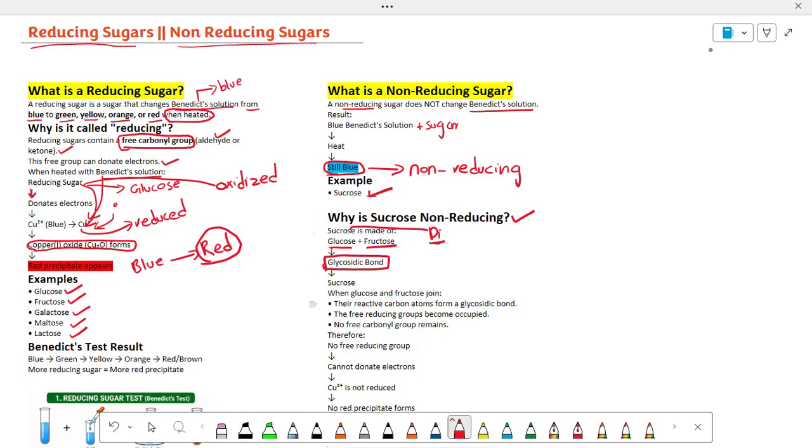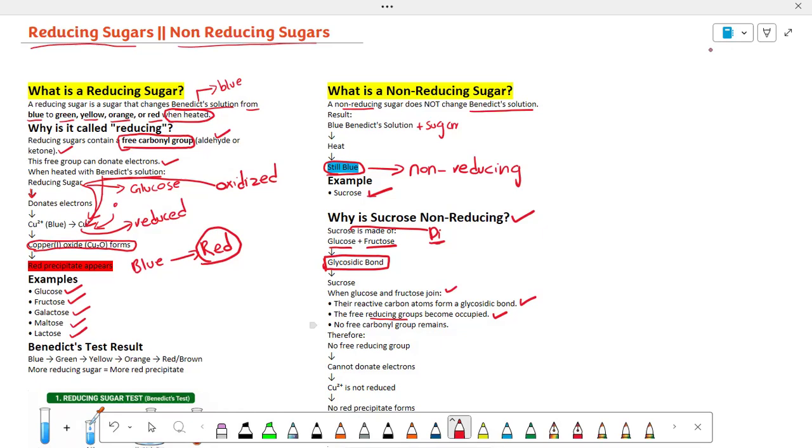So when glucose and fructose join, their reactive carbon atoms form a glycosidic bond, and their free reducing groups become occupied. So they have no free carbonyl groups.